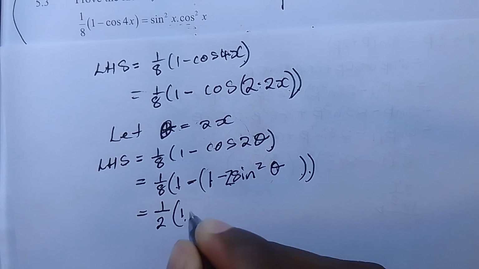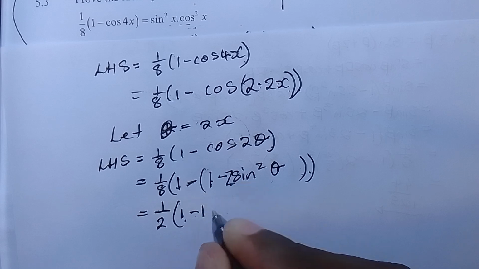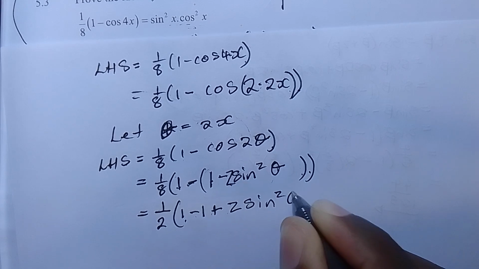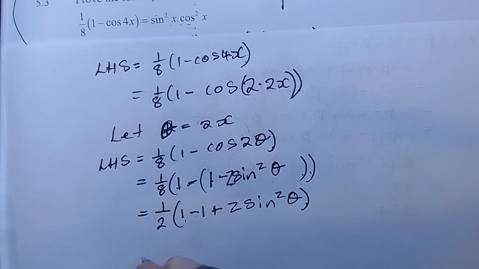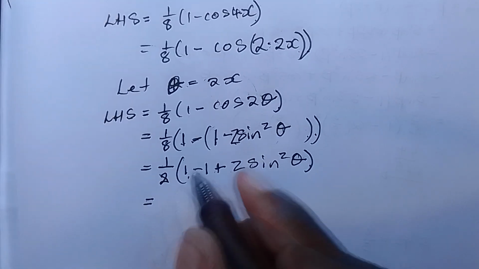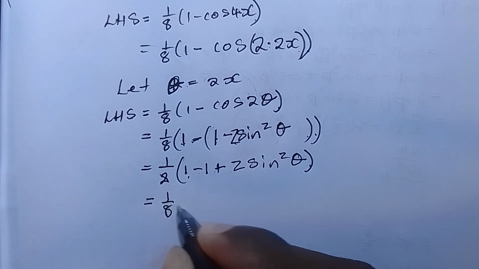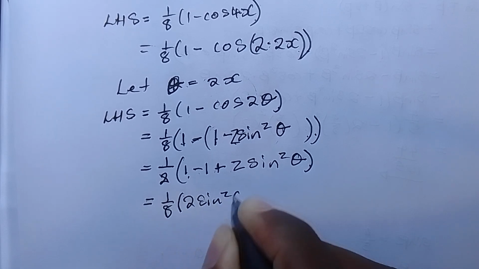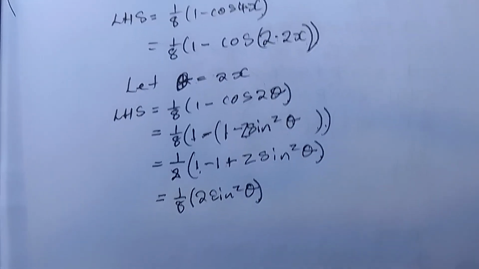We have 1 minus 1. Multiply that, we have plus 2 sine squared theta. Sorry, this is 8. Now the 1 and the 1 will cancel, and we'll just have 2 sine squared theta inside the bracket.